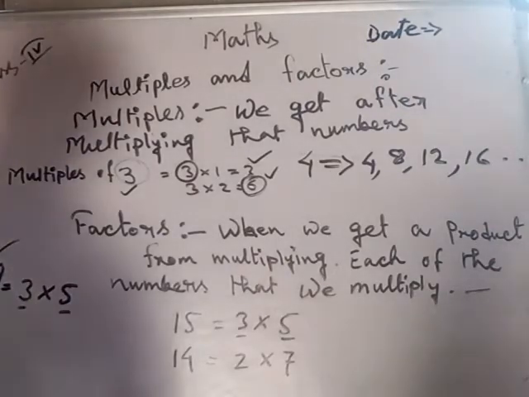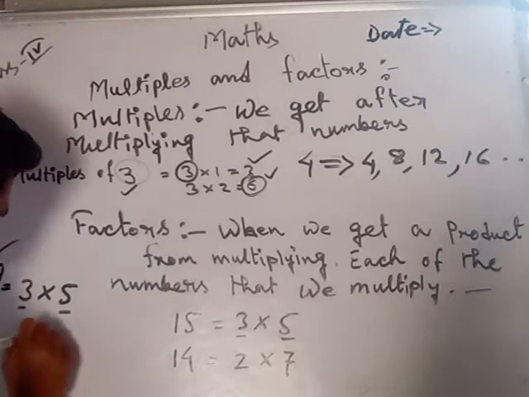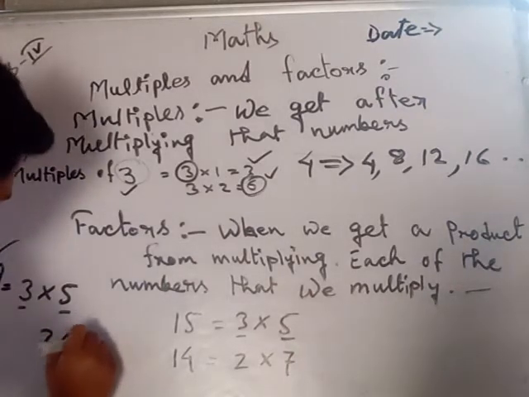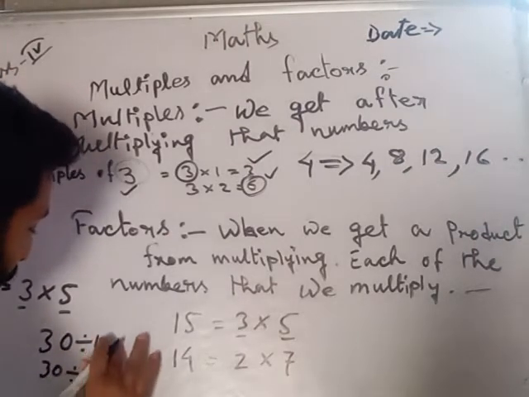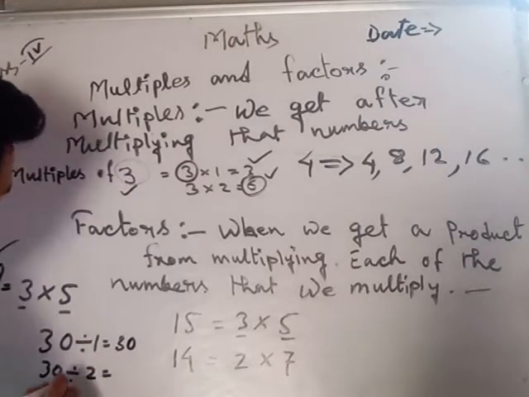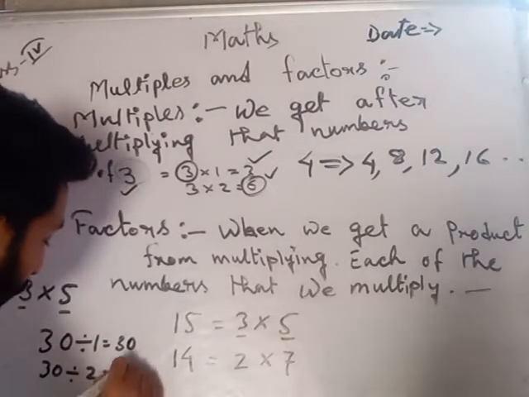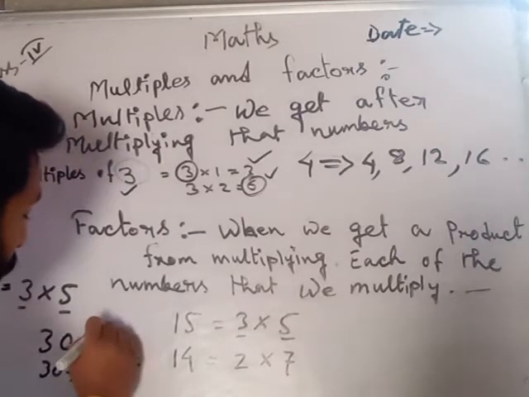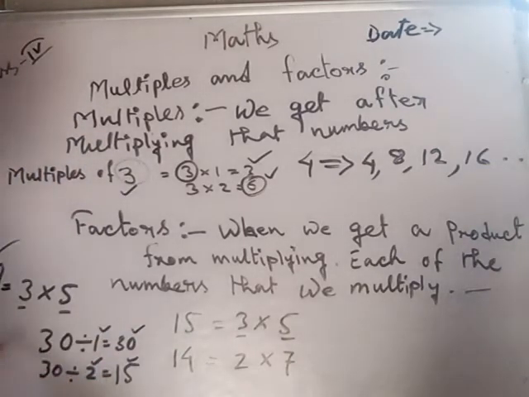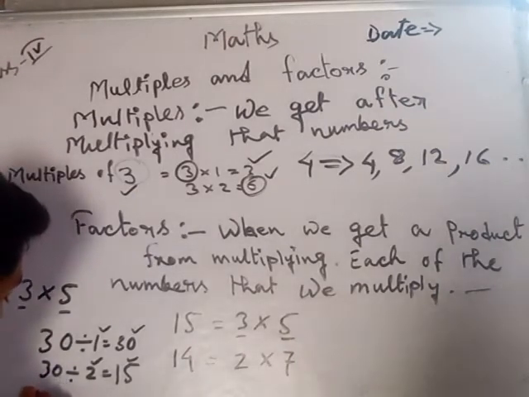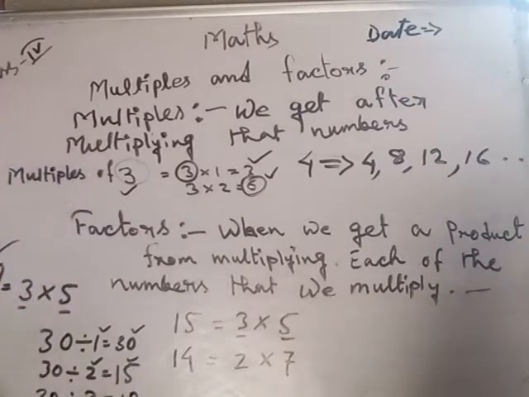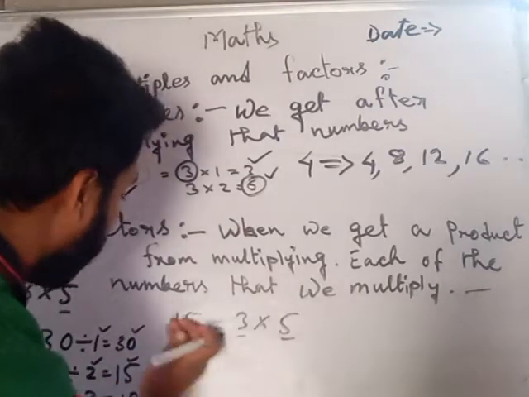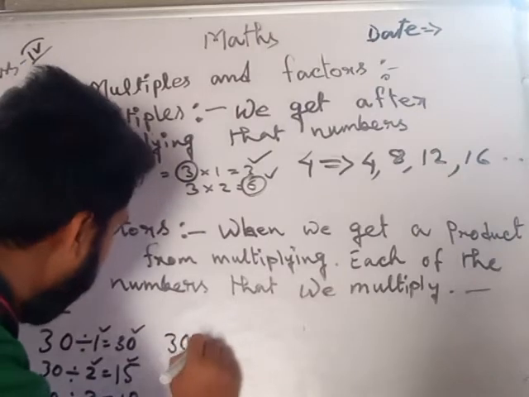Okay, that means if it is 30, divided by 1, 30 divided by 2, we can divide 30 by 2, that is 15. So 15, 2, 1, 30, all of these numbers are factors of 30. If we divide 30 by 3, yes, possible, that is 10.